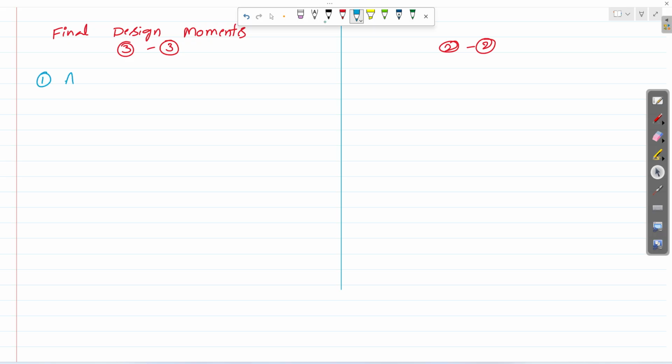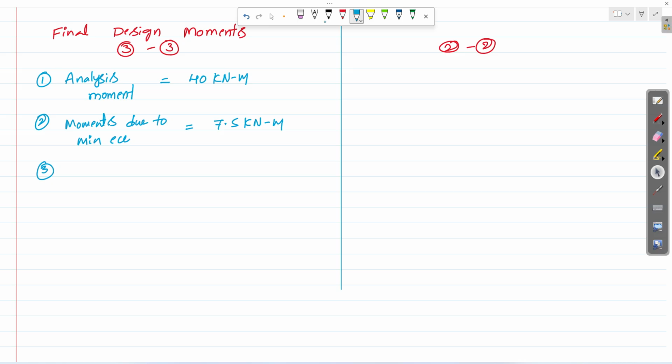So first your analysis moment about 3 axis is 40 kilonewton meter. So moments due to minimum eccentricity, which will be 7.5 kilonewton meter.